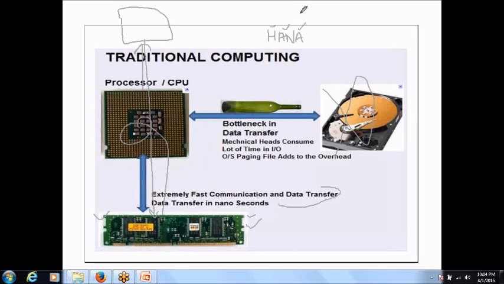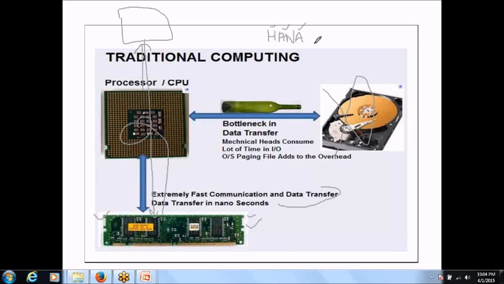High performance analytical appliance means it is not just a database to store the data. It has some more capabilities in it. What kind of capabilities? Analytical capabilities. So that's where it is different from a normal database, apart from its in-memory technology.